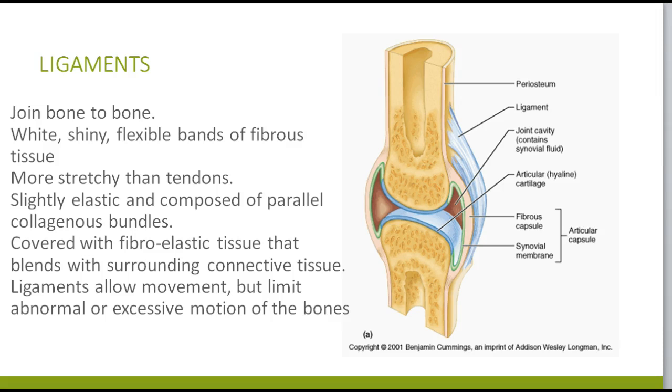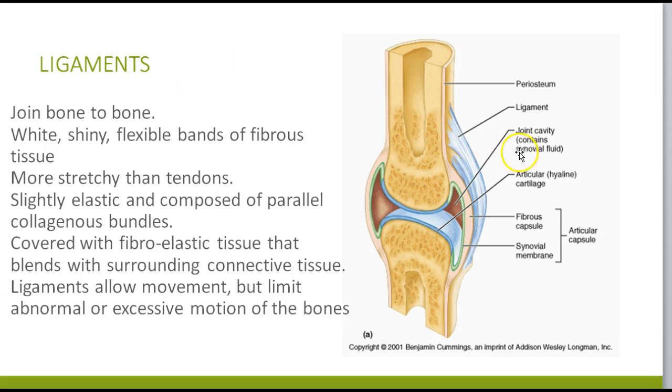Ligaments allow movement but limit abnormal or excessive motion of the bones. So when we talk about hyperextending a joint, the ligaments allow the joint to go into hyperextension, but constant hyperextension and constant repetitive movements will damage the ligaments surrounding a joint.